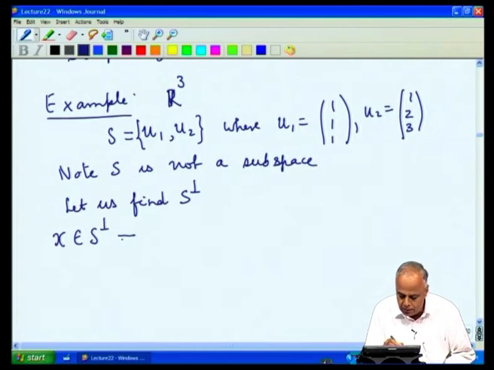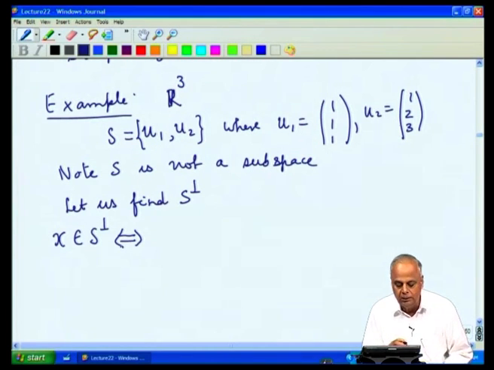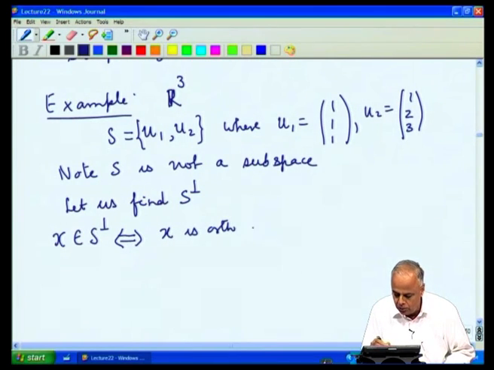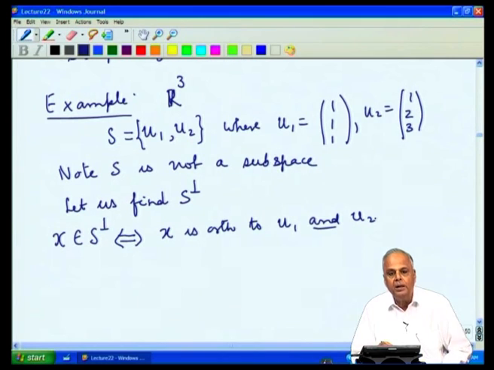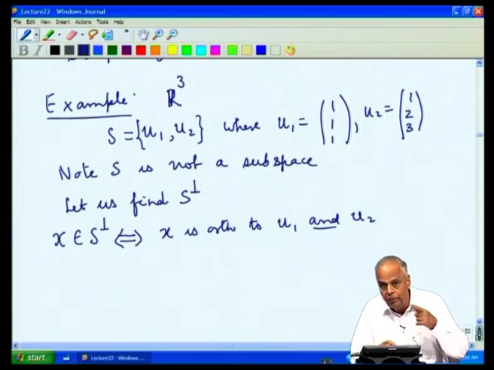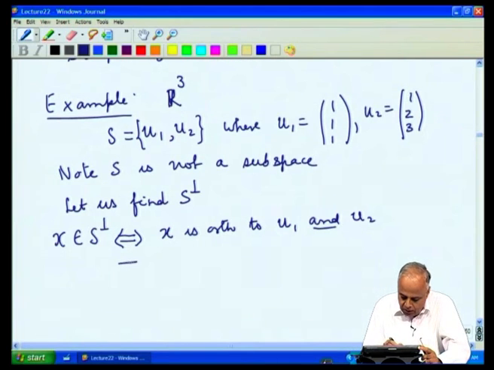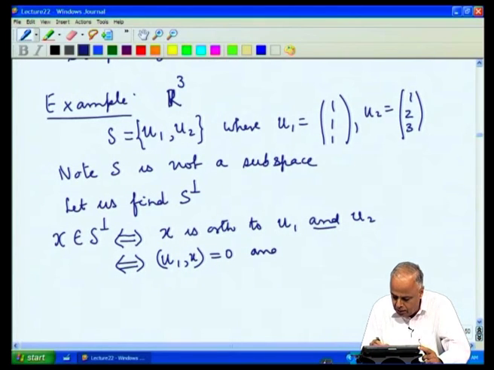This can happen if and only if x is orthogonal to u 1 and u 2, because a vector gets qualified to be in S perp only when it is orthogonal to every one of the vectors in S. That is, if and only if its inner product with u 1 must be 0 and its inner product with u 2 must be 0.